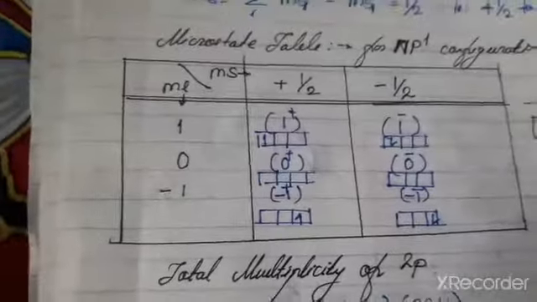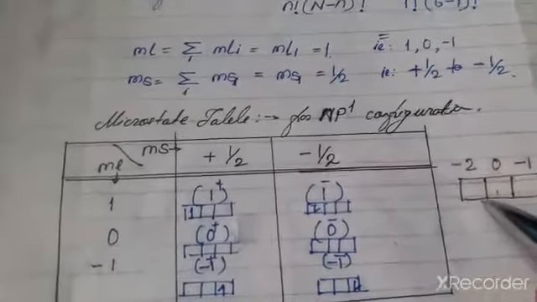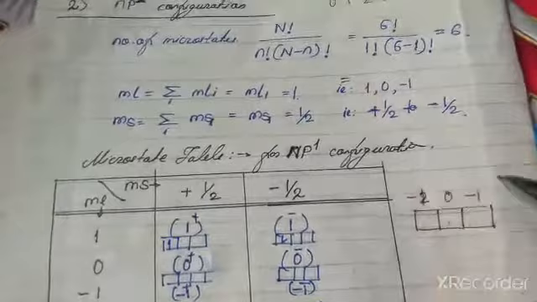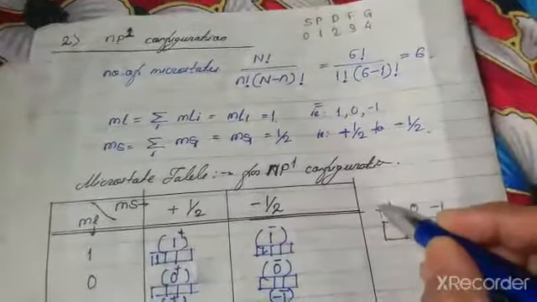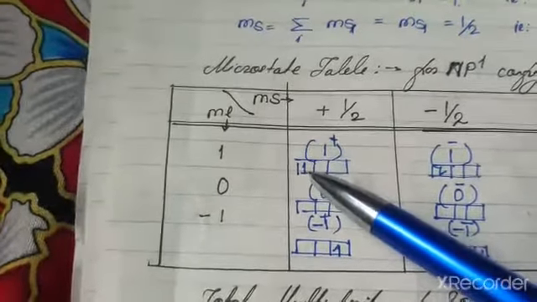In the first case, this is the p orbital, with plus 1, 0 and minus 1 shells. In the plus 1 shell you can put one electron.